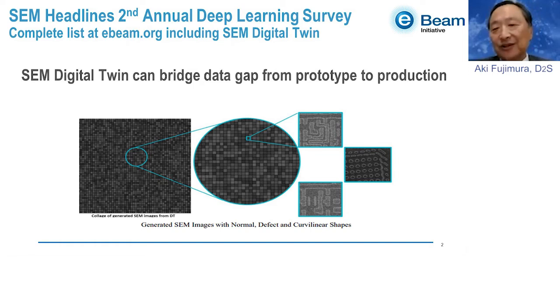One thing that I would note is that if you're doing a SEM-based deep learning project, then having a digital twin is very helpful, especially as you try to mature from a prototype stage to a production deployment.